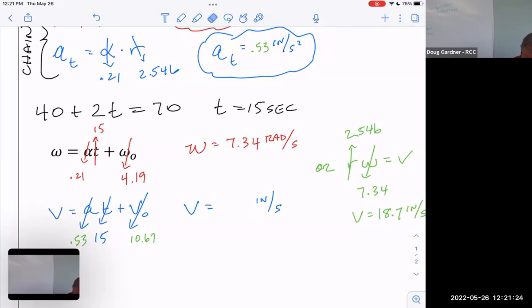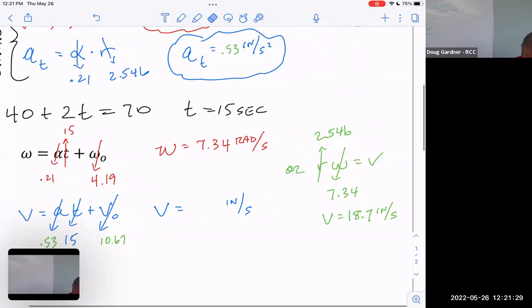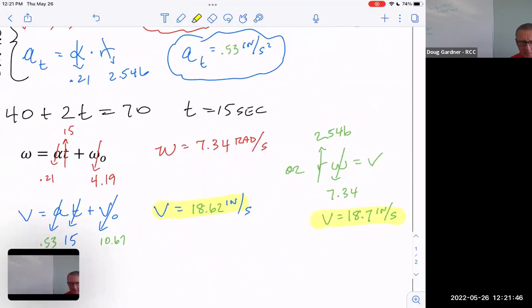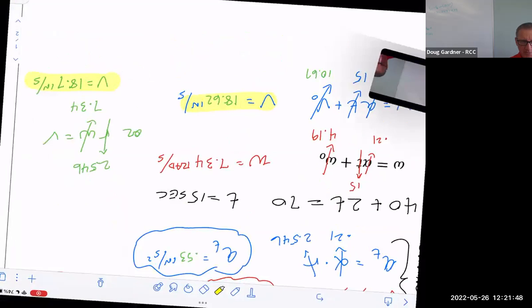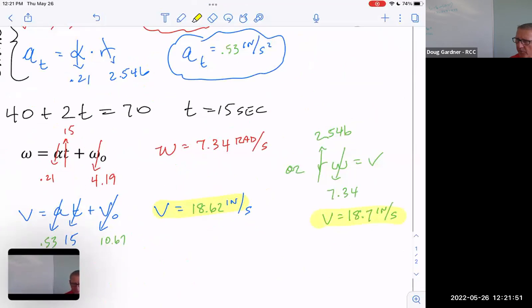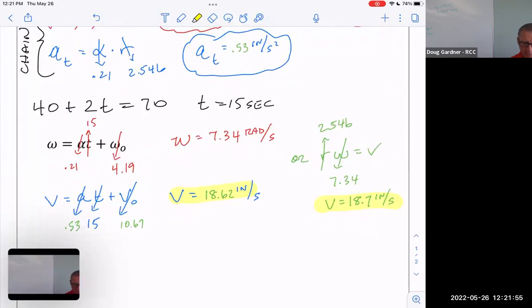Better throw that note sheet away. So these agree. Well, they would if I had carried the decimal places out a little more carefully. So it's just kind of interesting. I only say that so that you have a sense that I have more than one formula that has velocity in it. So that's kind of cool that I could have used either one of those and got the same answer.